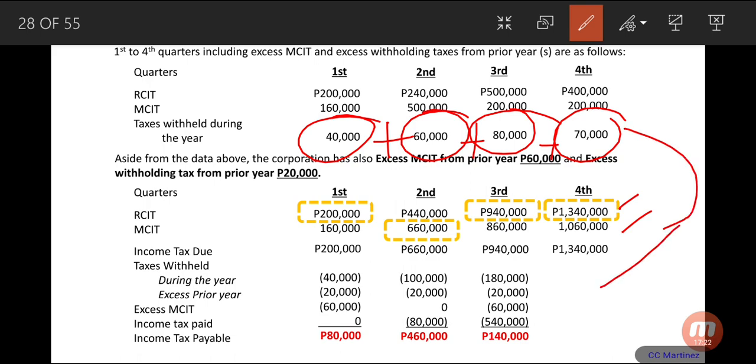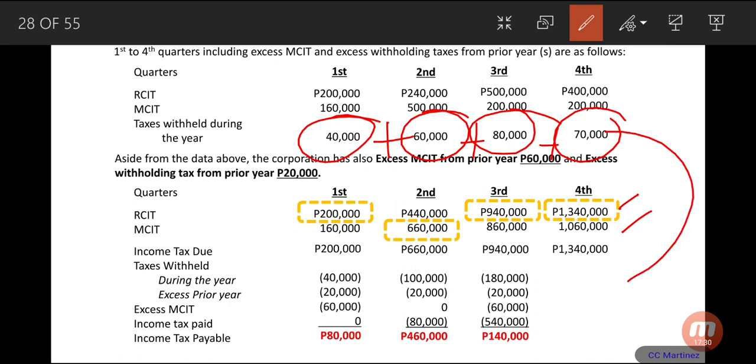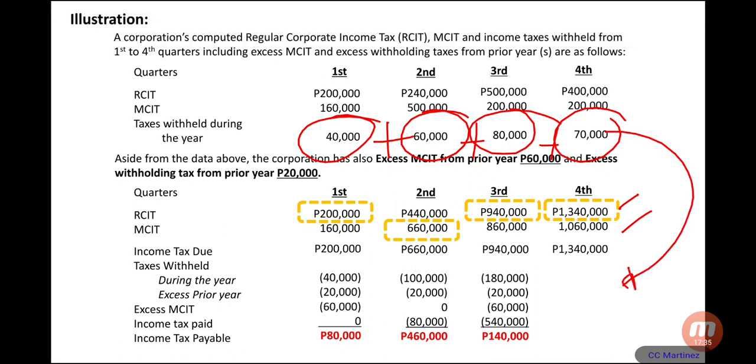So, magkano? 40 plus 60 plus 80 plus 70, 250,000. Yan yung taxes withheld natin during the year.